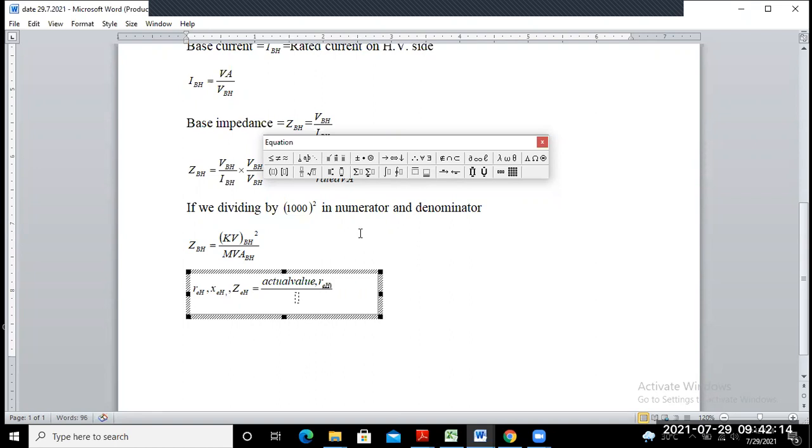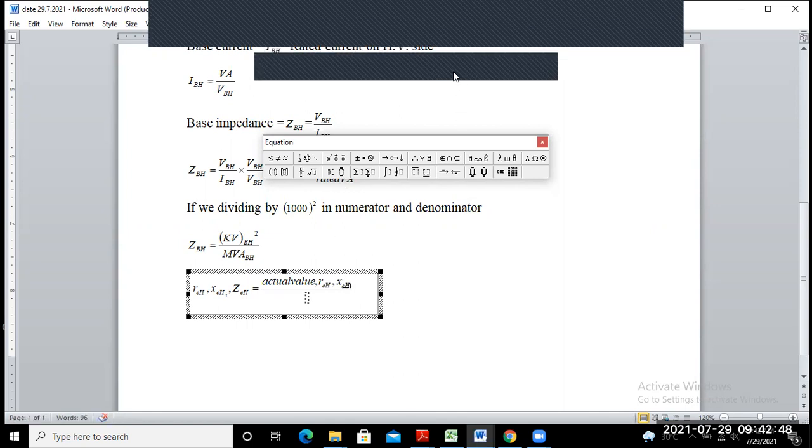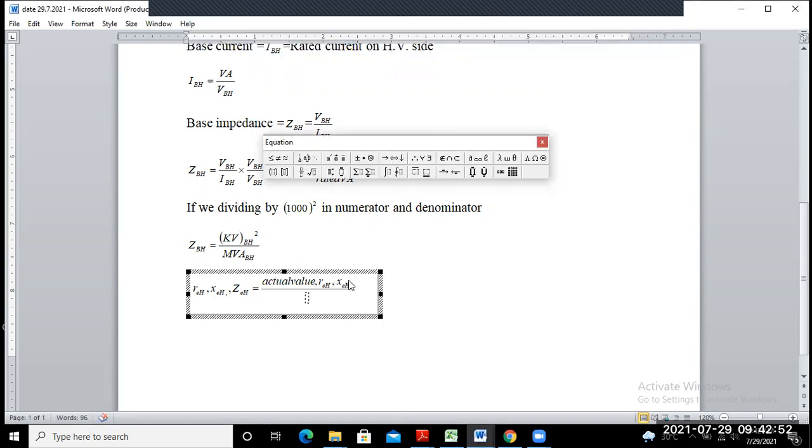We are writing them together here, but you can also write them separately: the actual value of REH divided by ZBH, the actual value of XEH in ohm divided by ZBH, and ZEH divided by the base impedance of the high voltage side. You may put here the value of ZBH equal to this one.